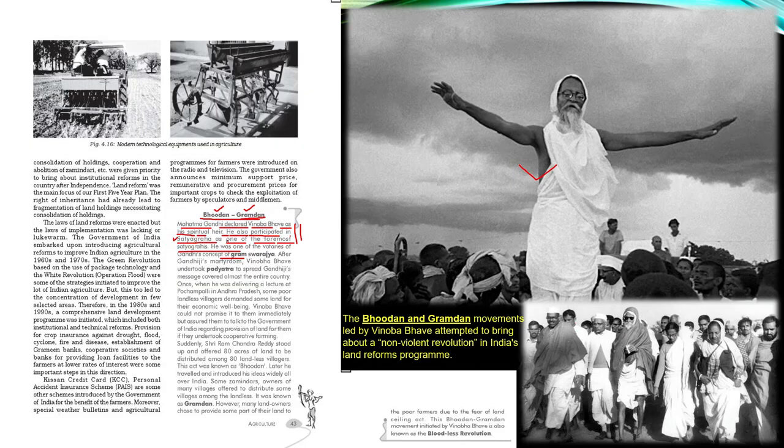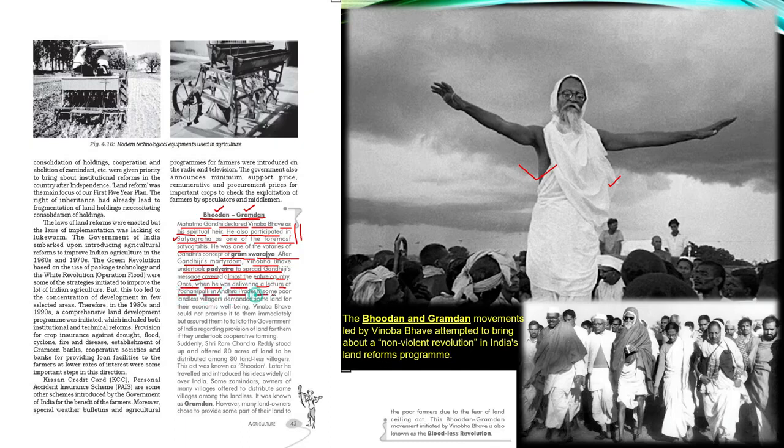So he was one of the votaries of Gandhi's concept of Gram Swarajya. After Gandhi's martyrdom, Vinoba Bhave undertook Padyatra to spread Gandhi's message, covered almost the entire country. So whatever was the Gandhian philosophy, Vinoba Bhave took the initiative to spread the Gandhian philosophy and laying emphasis on the development of the villages.